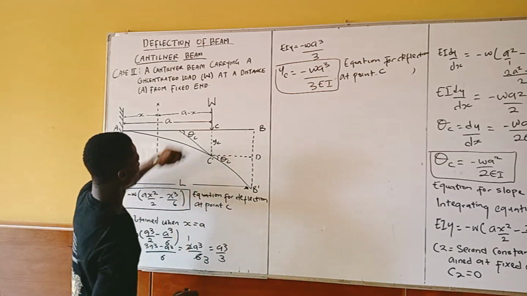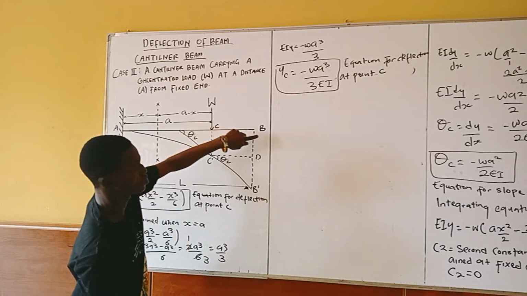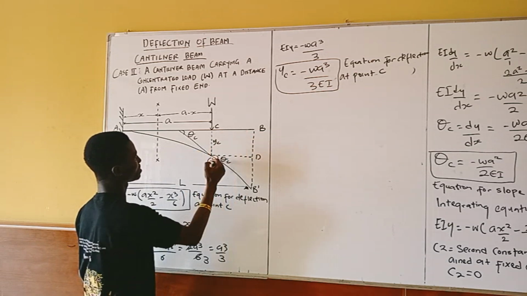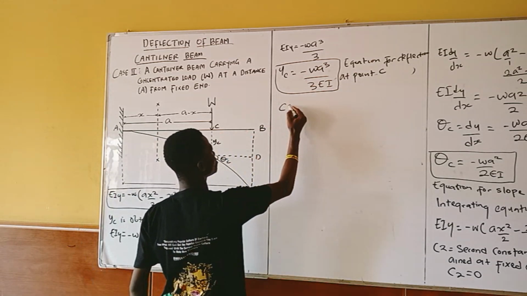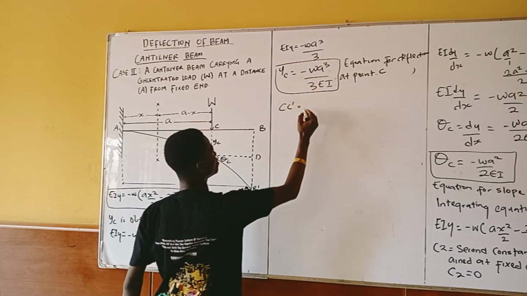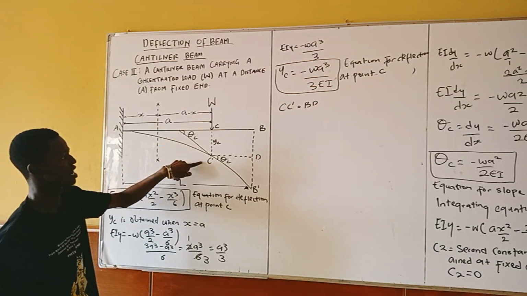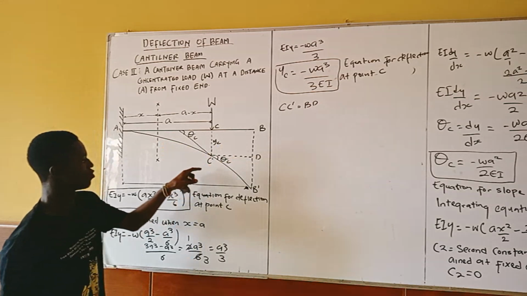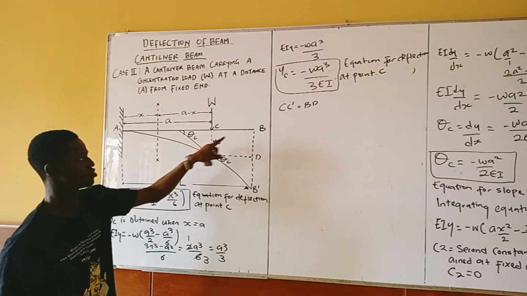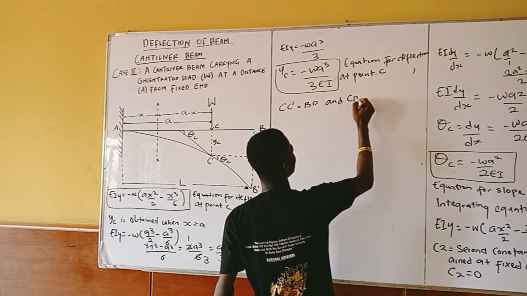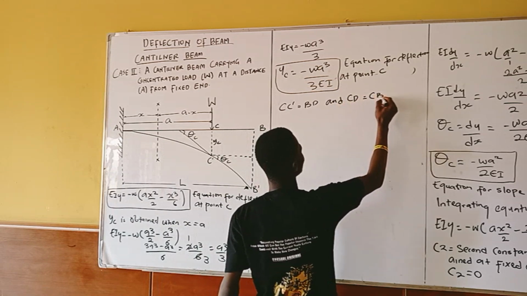But don't forget that YC is the same thing as BD. So now we have C prime equals BD, and CD is the same thing as CB.